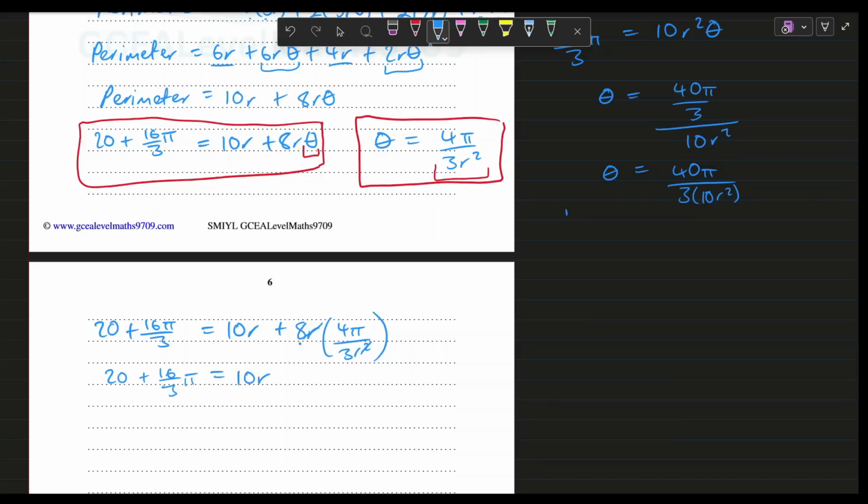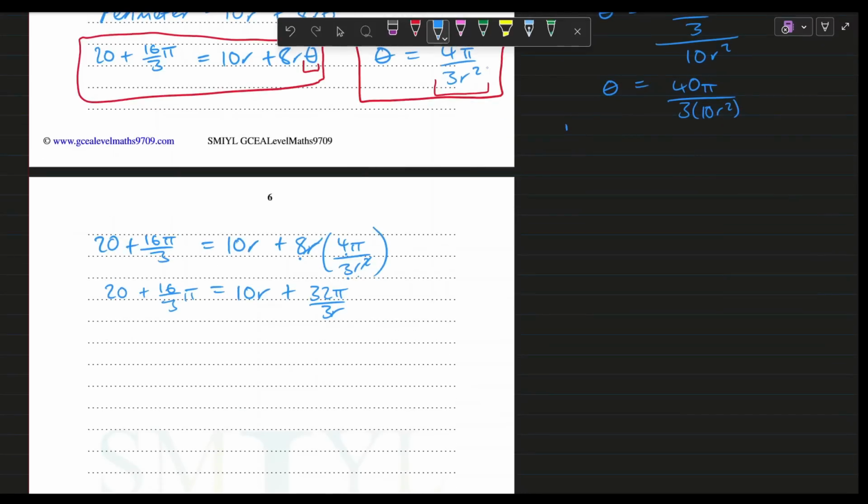Then here you've got 8 times 4 times pi, so that's 32 pi in the numerator. Then the denominator is 3r over 3r. Now we want to get rid of our denominator 3r, so we have to multiply through by 3r. So 20 times 3r gives us 60r, plus 16 over 3 pi times 3r gives us 16 pi r, and then 10r multiplied by 3r is going to be 30r squared, and then this just becomes 32 pi.